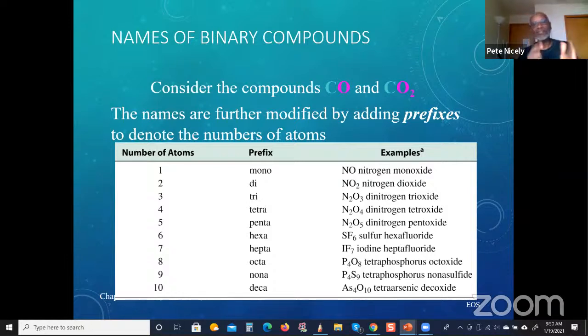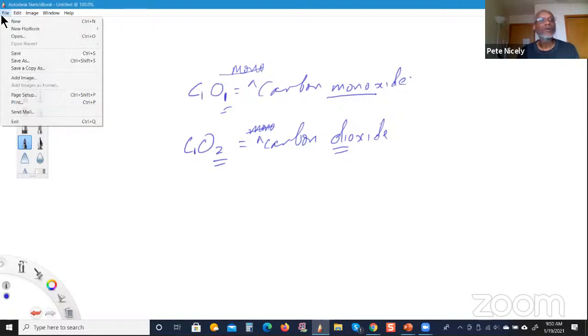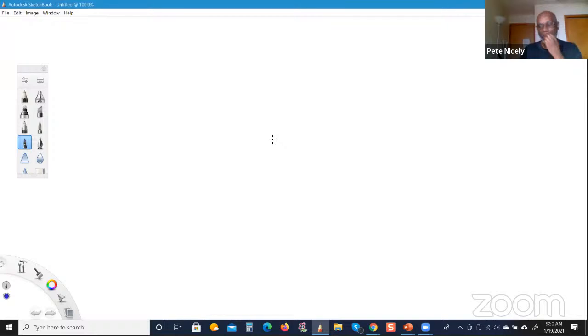Now there's one other type of binary molecular compound that I want to talk about, which is not, unfortunately, in my PowerPoint slide, but let me deal with that example here. We're talking about elements, hydrogen combined with a nonmetal. So for example, HF, right?